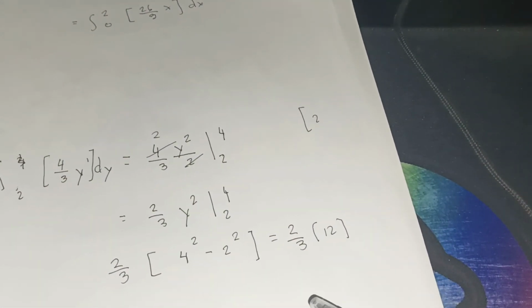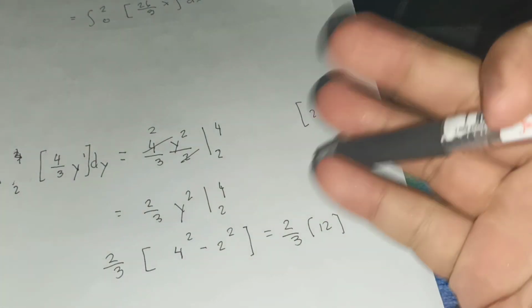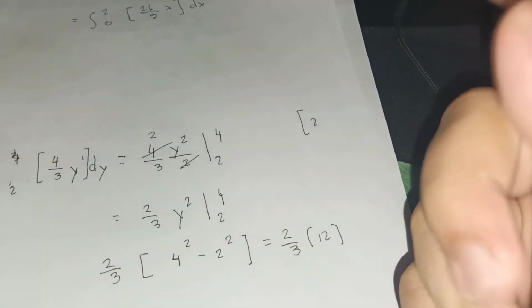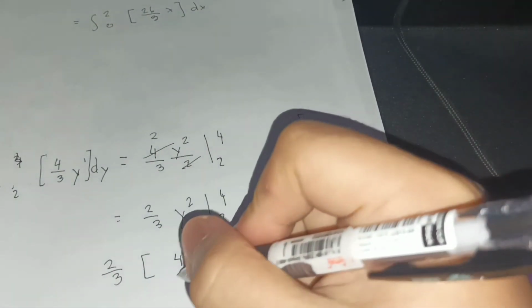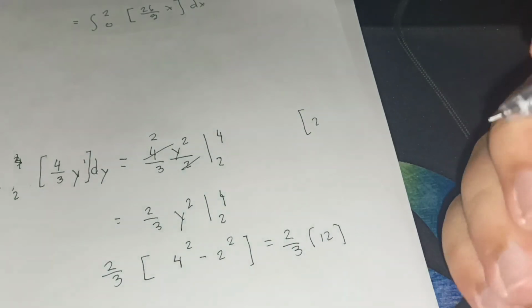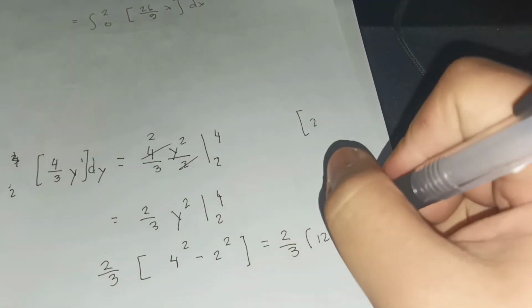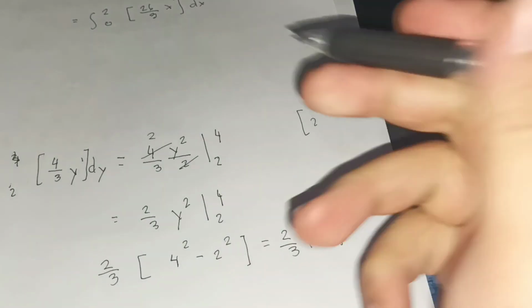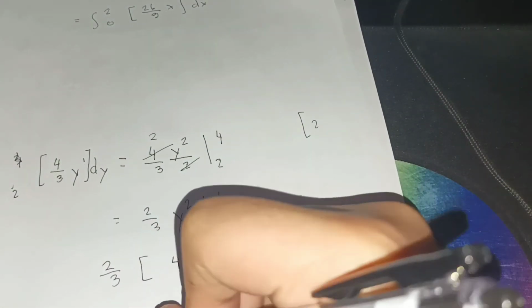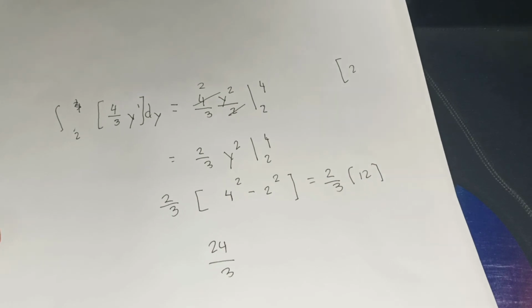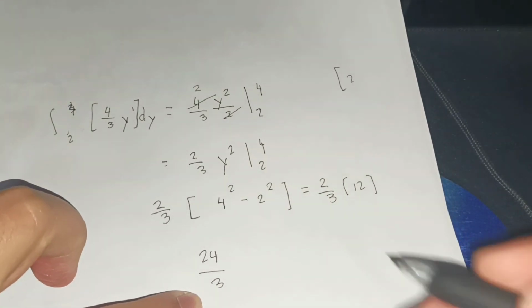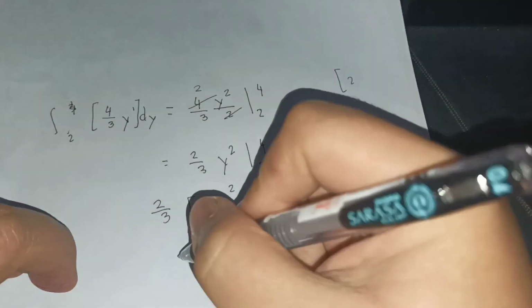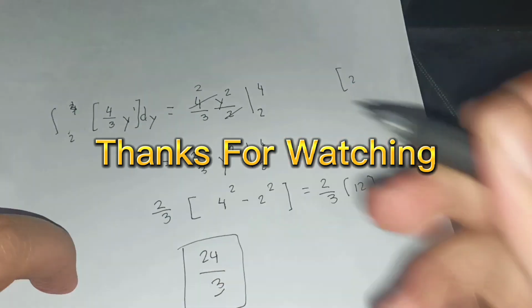So I don't know if you want to solve it longer or to make it more understandable, you can just place here 16 and 4. If you still minus it, 16 minus 4 is still the same, it's 12. So you multiply 2 to 12, it's gonna be 24 over 3. And you can no longer simplify since we have already 3 in the denominator. So this is our final answer, and thank you for watching.